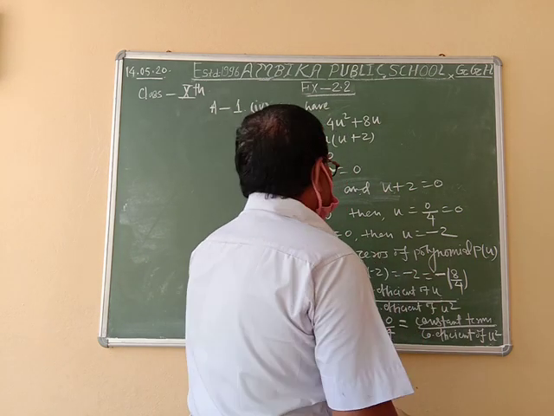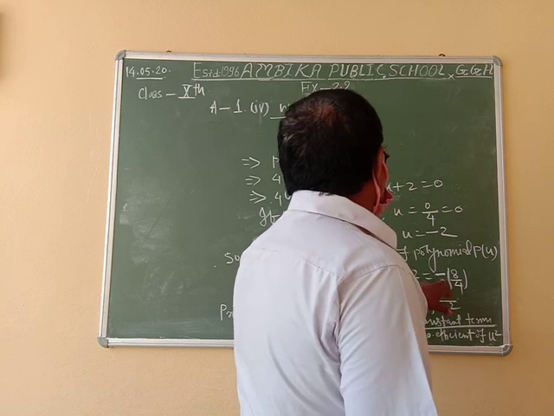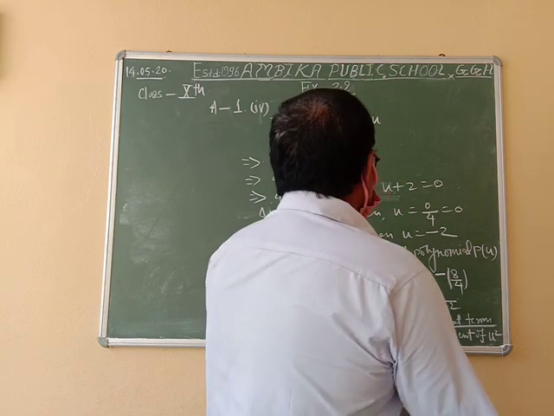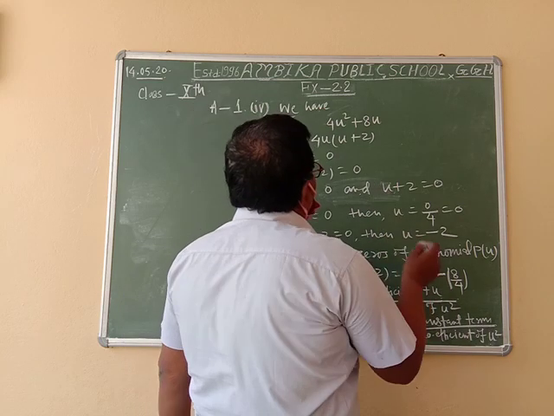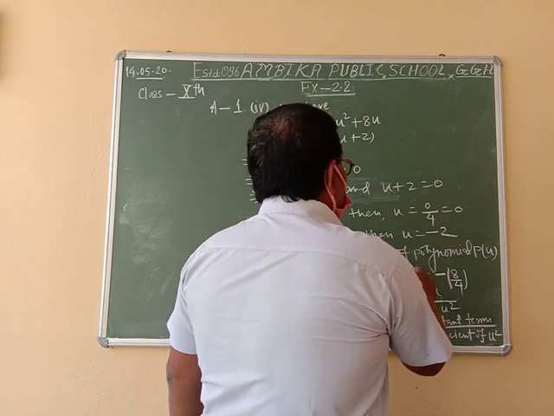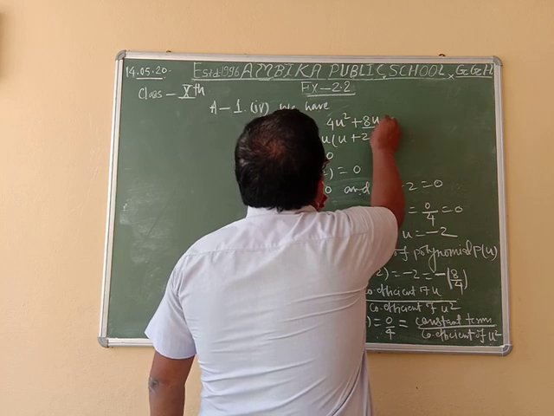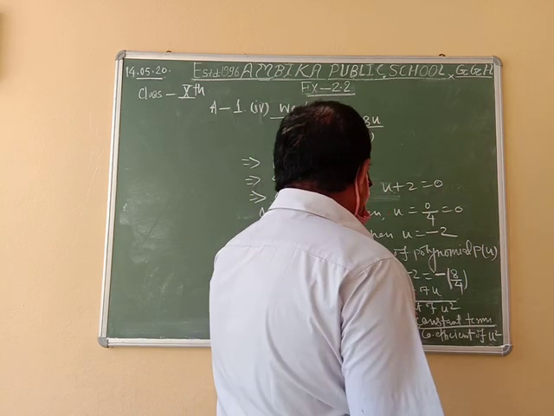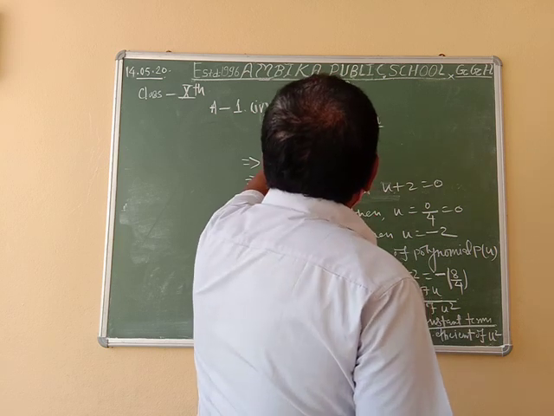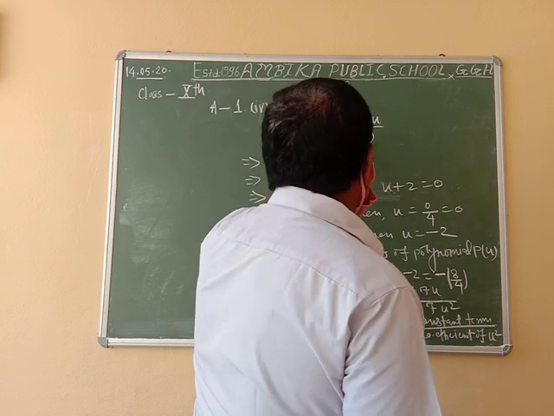We write minus 2 is equal to minus 8 by 4. Here in the question, 8 is the coefficient of u, so we can write coefficient of u, but 4 is the coefficient of u square.